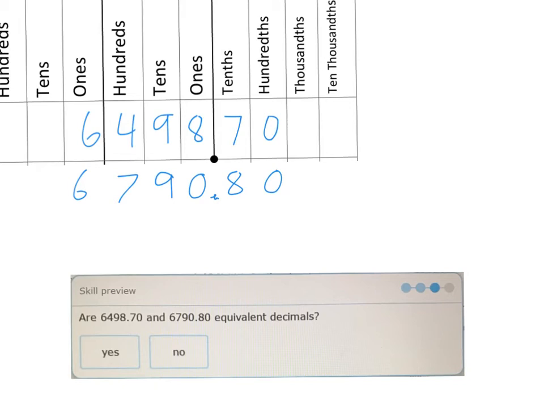But as soon as we get to the hundreds, this is 700, this is 400. This one's immediately larger. As we keep going down, same in the tens, but different in the ones, different in the tenths. Yes, 0 in the hundredths, but all the other numbers are different, so that doesn't make any difference. We could put zeros here for the rest of our lives. They're still different numbers. So they are not equivalent.